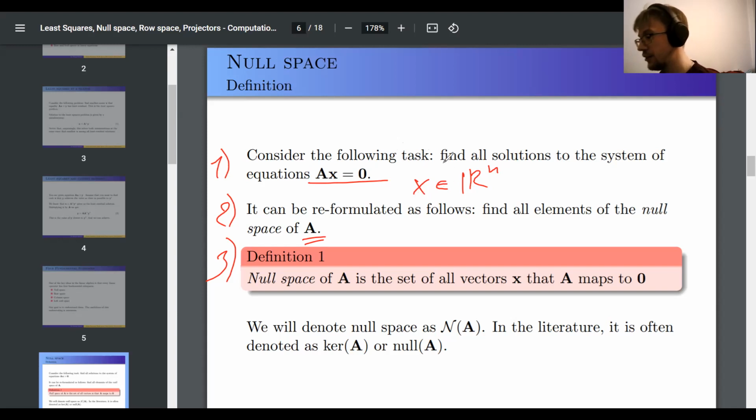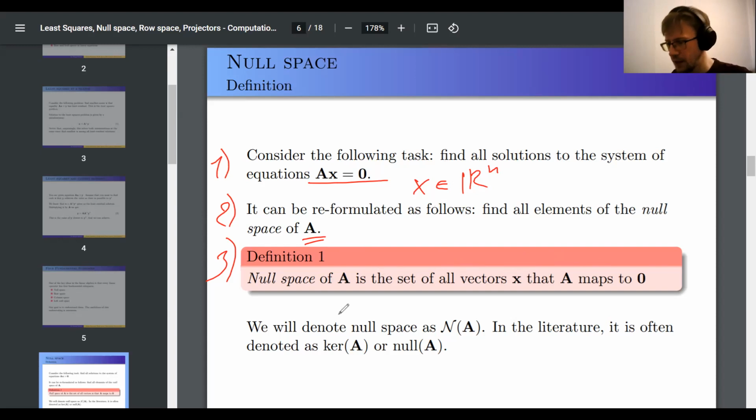It is a very important concept, so we would have to understand it. You can survive, of course, without getting through it, but the bonuses that you get from knowing it as an engineer are enormous. So let's just try to understand what it is. So far, so good, right? It's just a space of all solutions of Ax equal to 0, or all vectors x that A maps to 0.